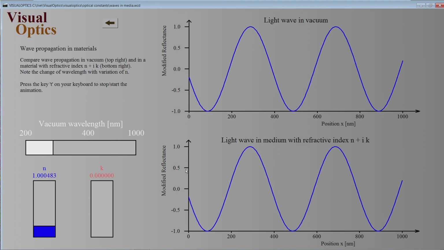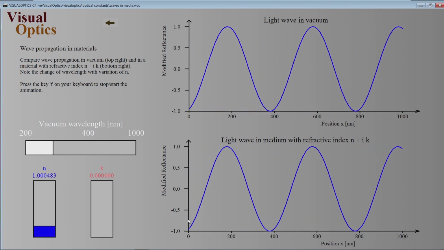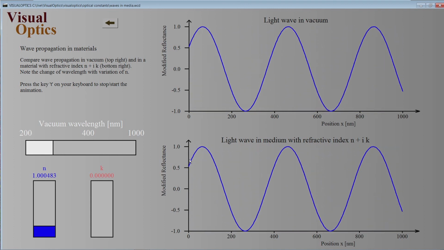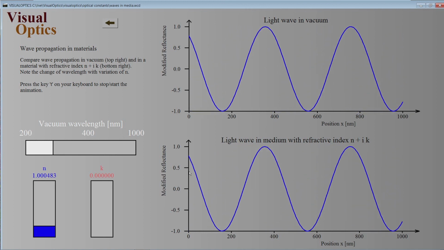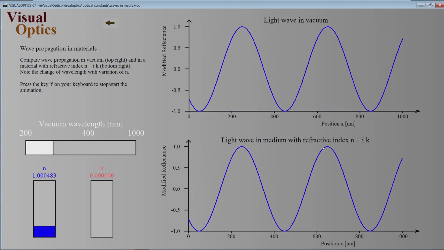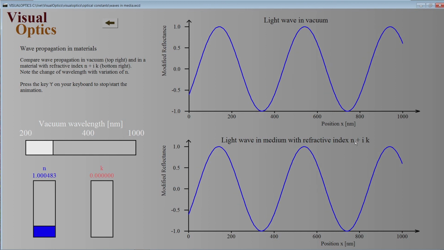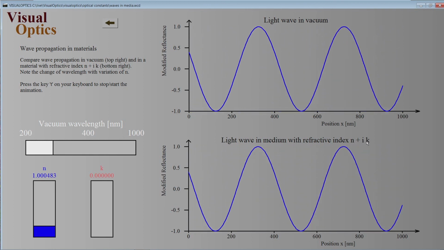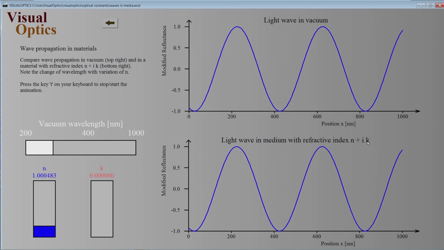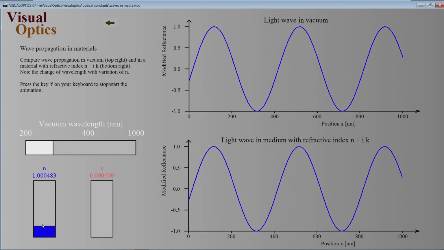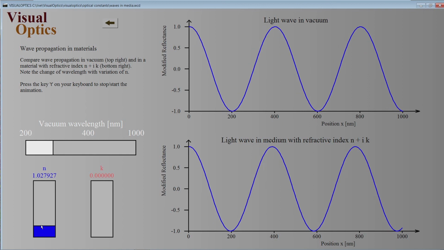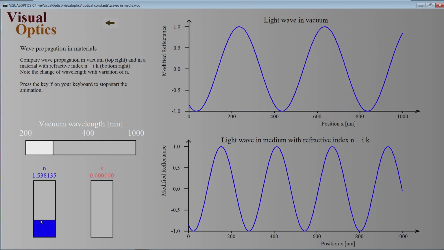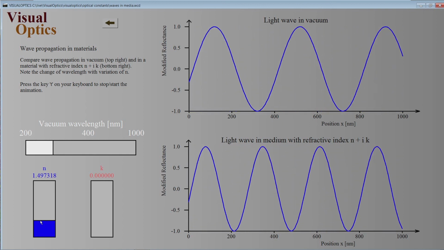So the wave is basically sent to the right from here with the same frequency in both cases. Let's now change the value of N, the real part of the refractive index. In the first section, I will keep K to be 0, but N will be increased first. Let's go from N to roughly 1.5.